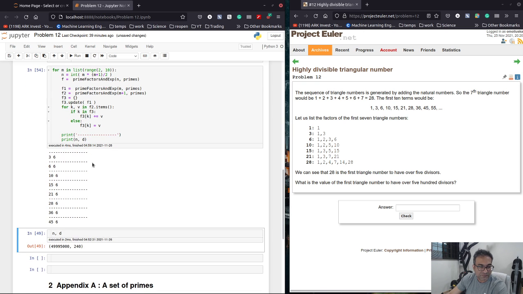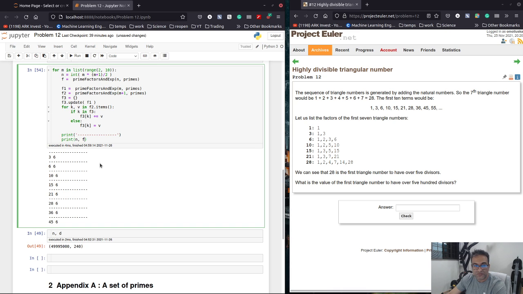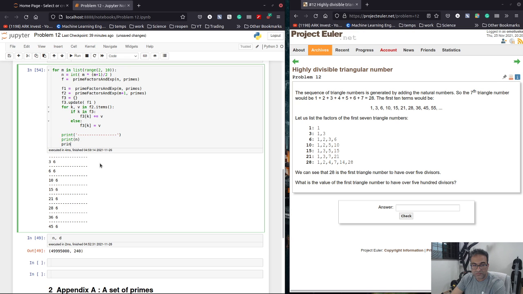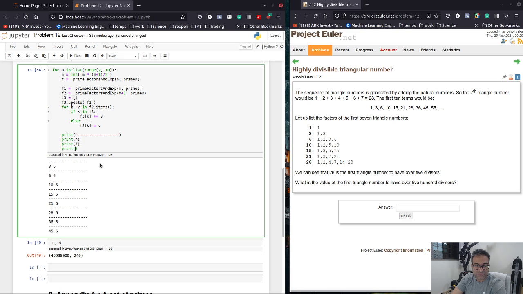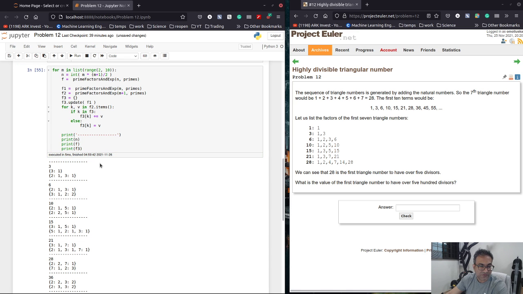Okay, I also want to print f over here, and n, I want to print f, and I want to print f.